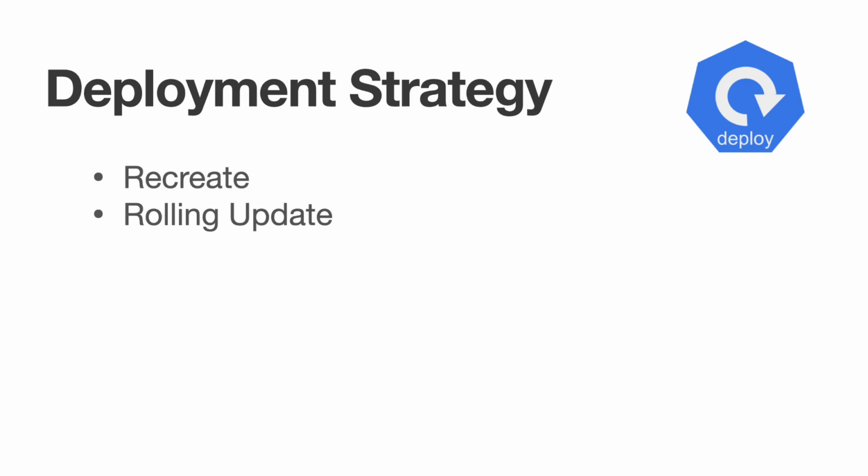The preferred strategy is rolling update. This is actually the default, but I'm going to show you how this works. Rolling update makes sure that the application keeps on receiving traffic to the previous version while the new version is up and running. And then basically it alternates the traffic.